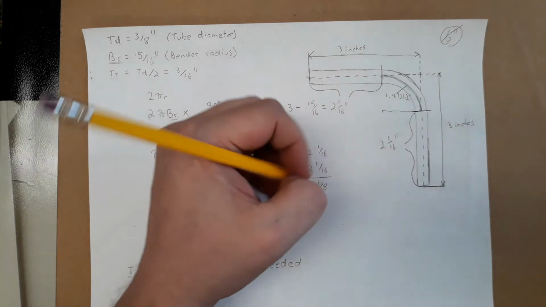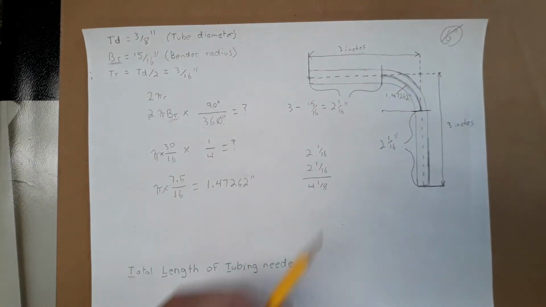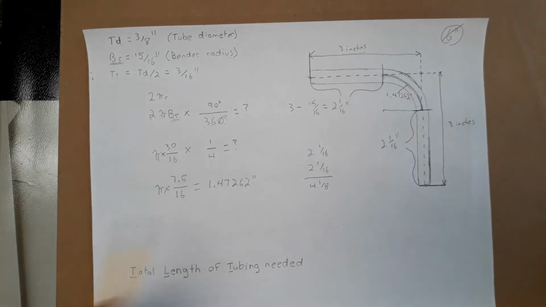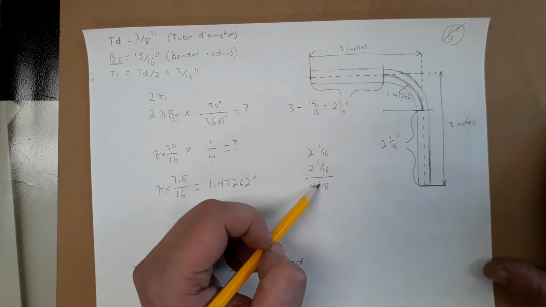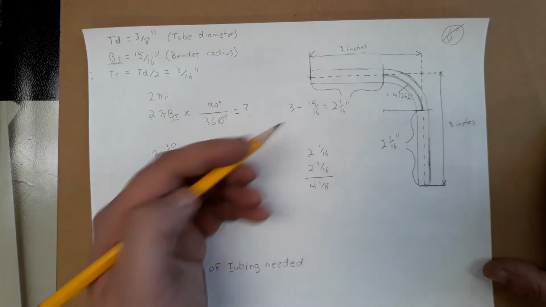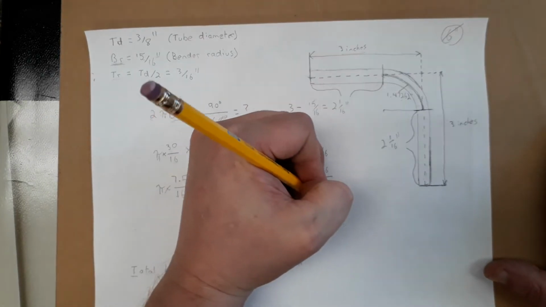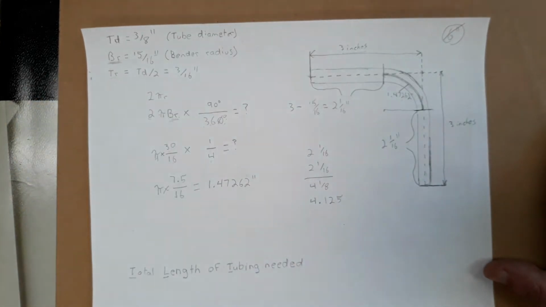Now I can add in the 1.47262, but this 4 1/8 is a fraction and this is in decimal form. It's a lot easier to go ahead and add these two when they're in decimal form. And the easiest way is to convert the 1 divided by 8 to decimal, which is going to be 4.125.